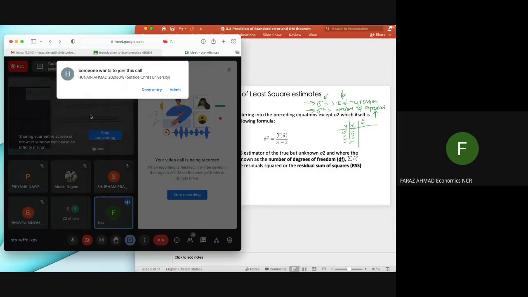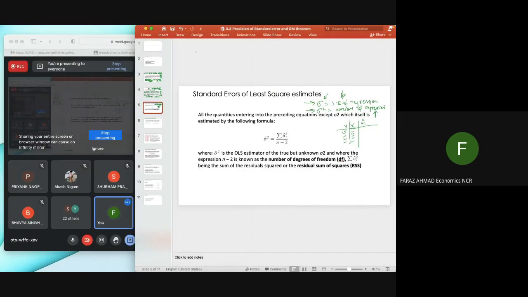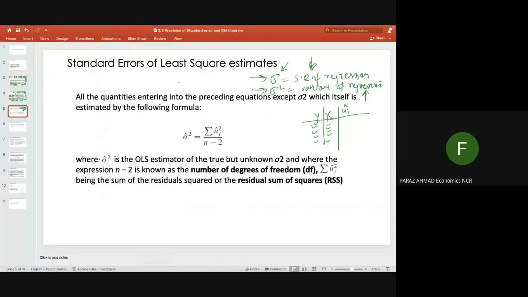So if there are 100 values of x and 100 values of y, you have a sample size n equals 100, then you would have 100 residuals also, or 100 ui hats, right?